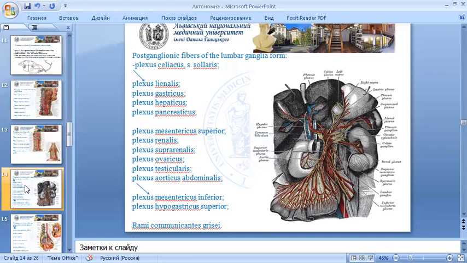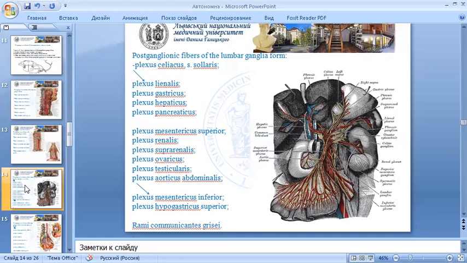Next, which is related to it, is plexus mesentericus inferior, which also passes the branches of the inferior mesenteric artery and provides sympathetic innervation of the descending colon and sigmoid colon, and creates the superior rectal plexus. Plexus hypogastricus superior lies between the bifurcation of the aorta. This is an unpaired plexus, which communicates with the inferior hypogastric plexus.